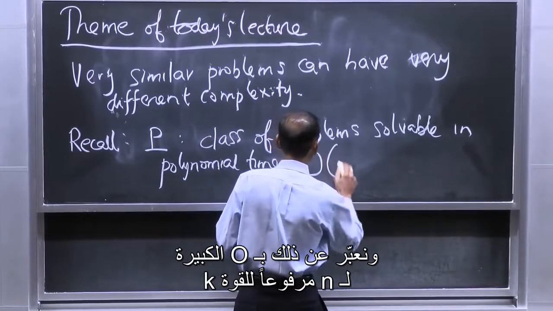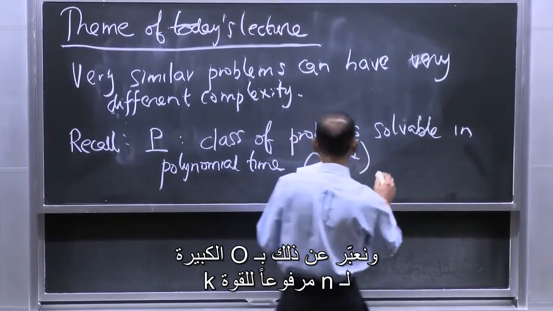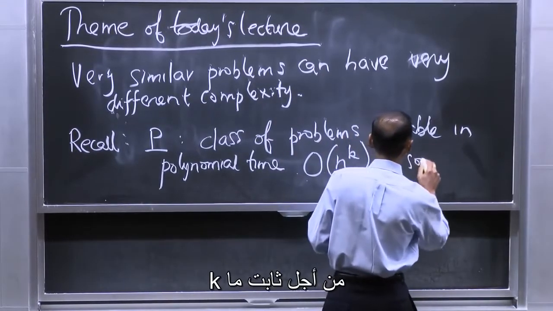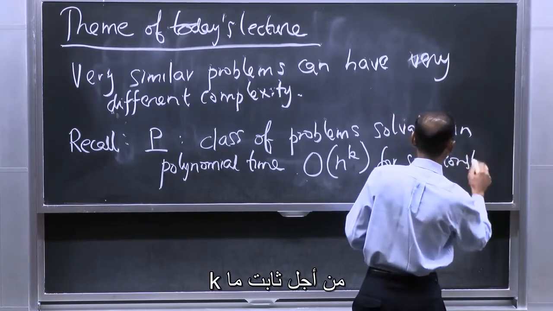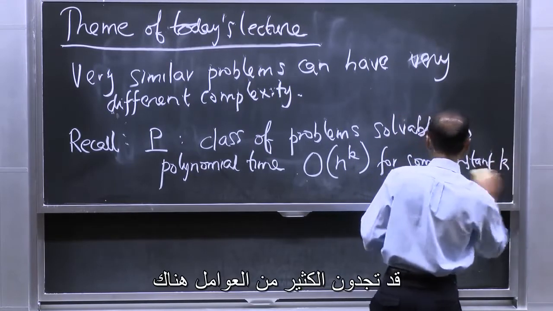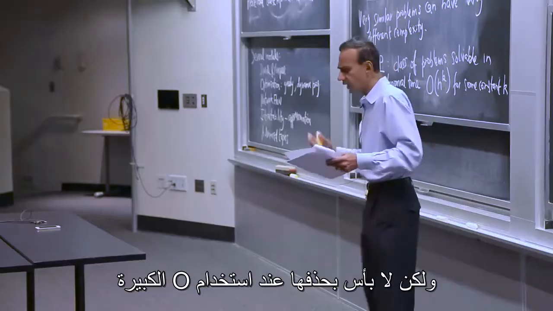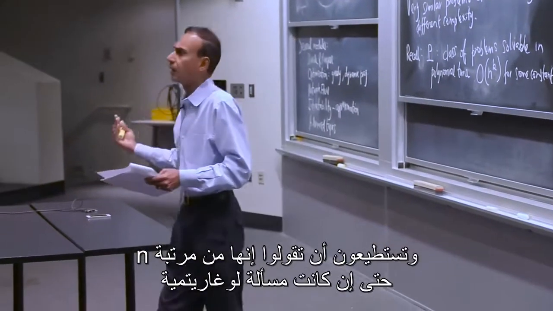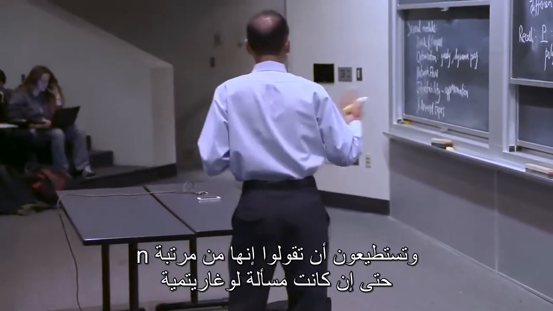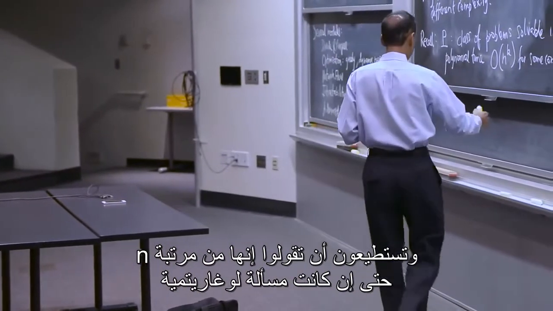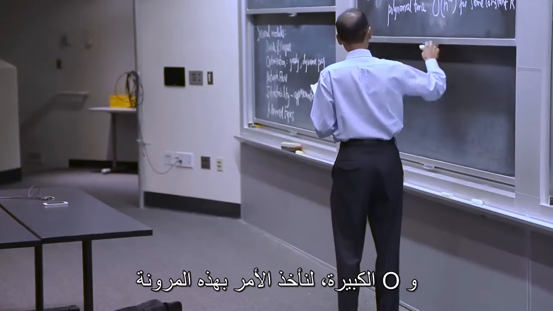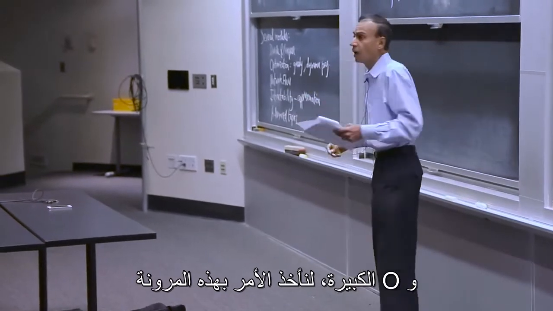Think of that as big O of n raised to k for some constant k. Now you can have log factors in there, but once you put a big O in there, you're good. You can always say order n, even if it's a logarithmic problem, and big O lets you be sloppy like that.